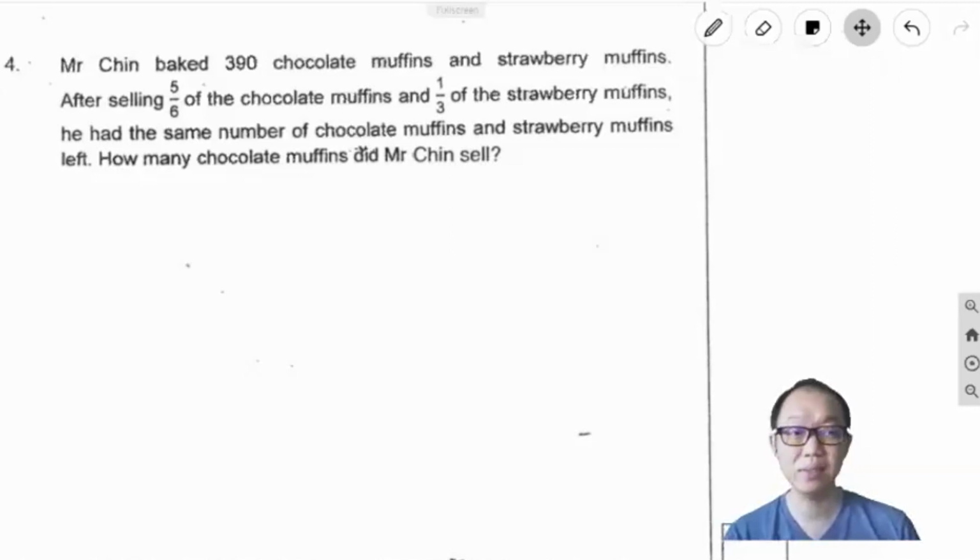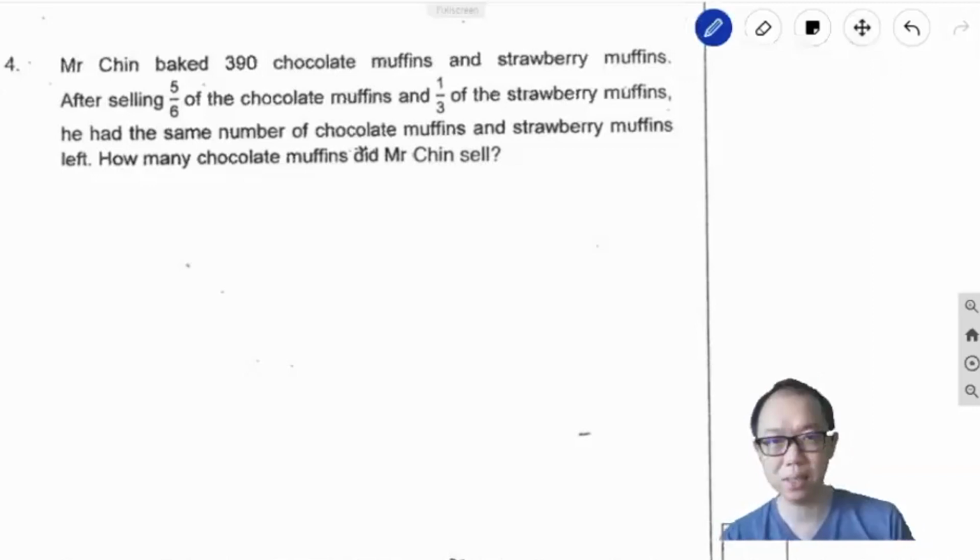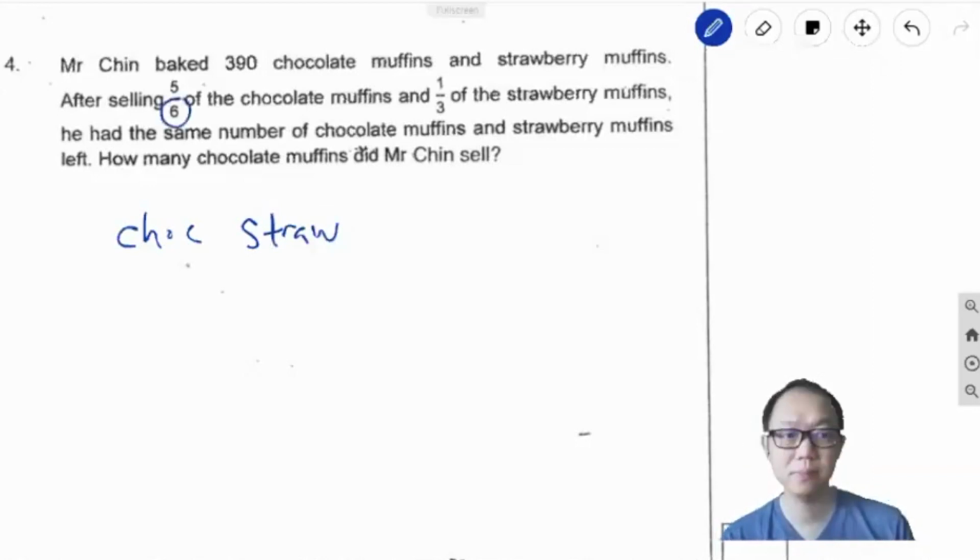So Mr. Chin baked 390 chocolate muffins and strawberry muffins after selling 5/6 of the chocolate and 1/3. So just by looking at this, I know that I should have chocolate and strawberry, and chocolate must be 6 units, right? So I have a chocolate and a strawberry, because the denominator is 6.